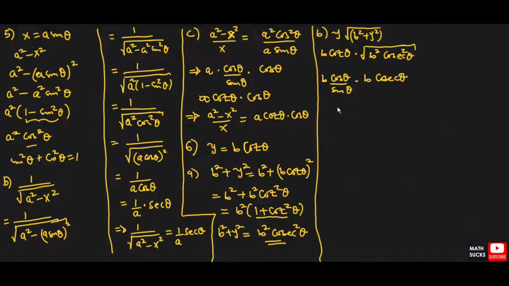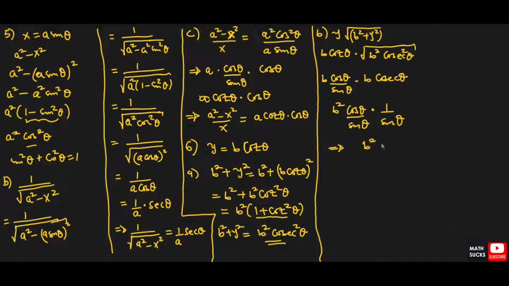But again, what is cosec? We know that cosec is 1 over sine, so we have our b squared multiplying, and then we have cos of theta over sine of theta times cosec, which is 1 over sine of theta.